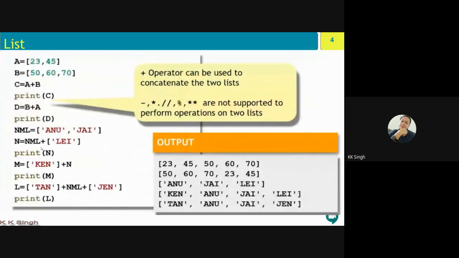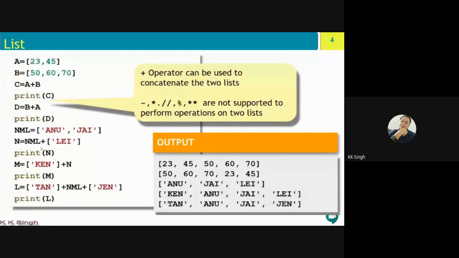Now see here, there are some similarities between these two structures, list and tuples. If you use the plus operator, you are going to concatenate two lists. In addition, mathematical operators like minus, multiplication, floor division, modulo, and exponentiation are not supported in lists, as in tuples.